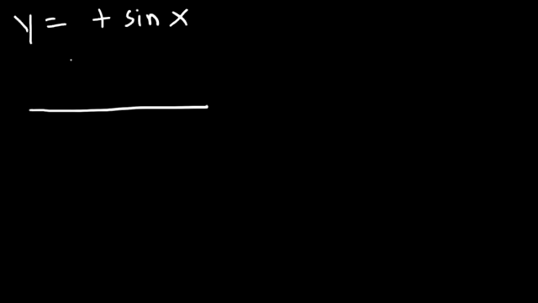So let's talk about sine and cosine. You need to know that this function, y equals positive sine x, looks like this. Let's talk about just a generic function. Sine starts at the center, it goes up, then it goes down, and it comes back to the center. That's positive sine. Now what about negative sine?